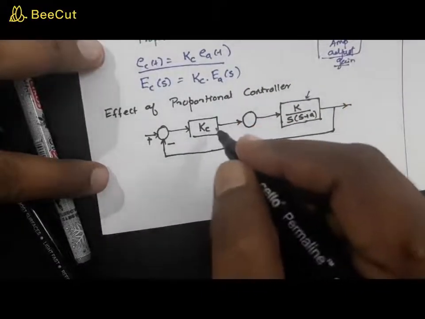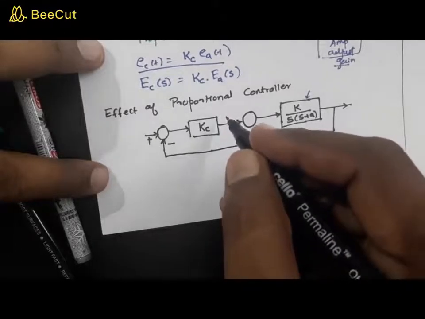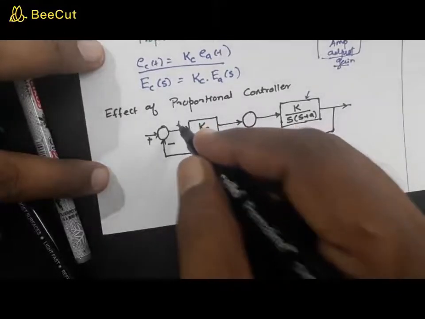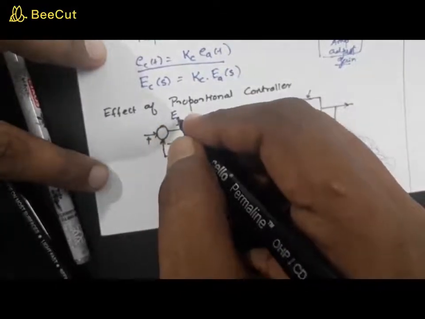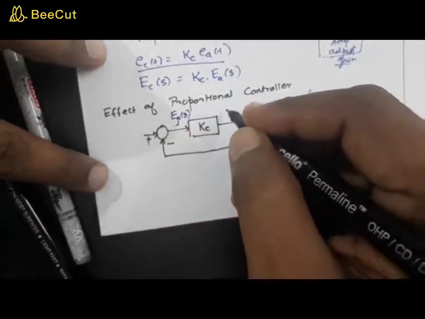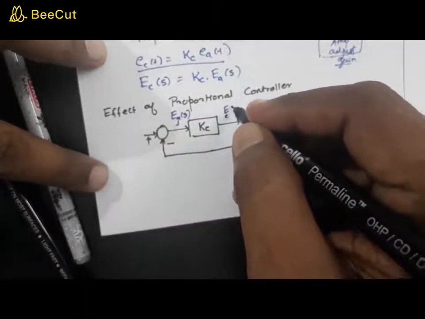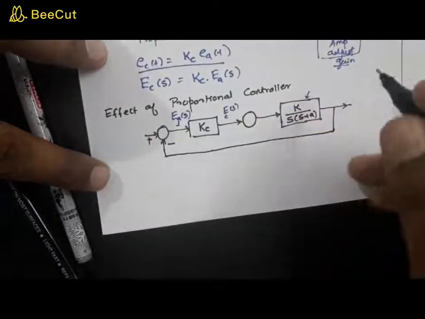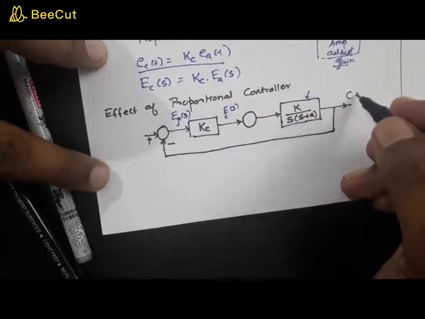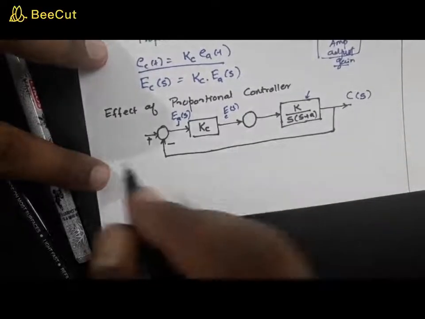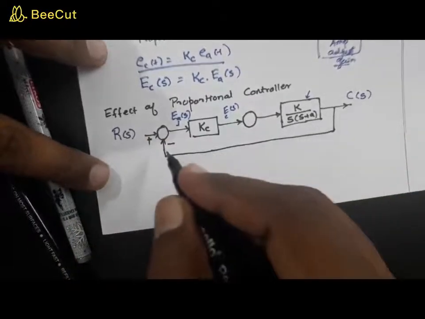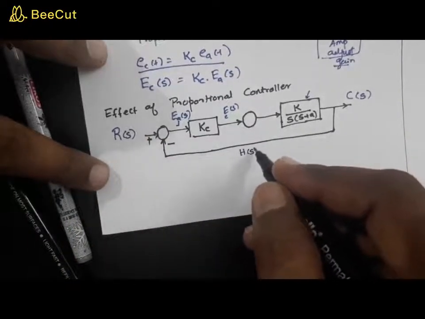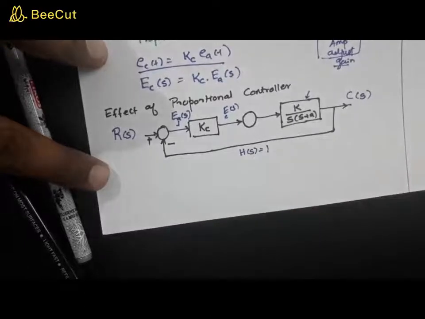This is the actuating input, which I am calling EA of S. This is EC of S. This is the controlled output, so I'm calling it C of S. This is the reference input, R of S. And this is the feedback signal, where H of S is equal to 1, because it's a unity negative feedback system.